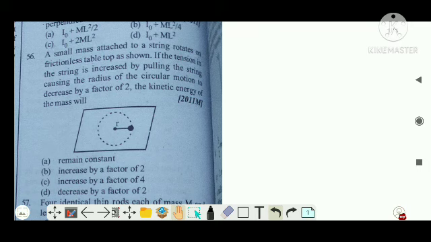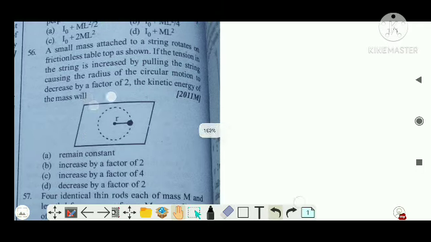If the tension in the string is increased by pulling the string, causing the radius of the circular motion to increase by a factor of 2, the kinetic energy of the mass. So, okay, I'm repeating again. A small mass is there, right? It is rotating in this way. There is no friction. The tension is increased by pulling the string, right? And the radius of the circular motion now becomes double, right? You are asked what is the kinetic energy.